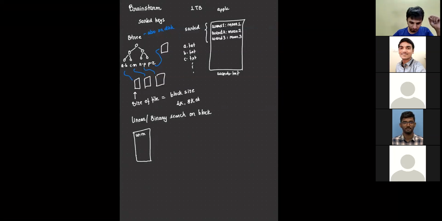Because my disk block size is just 4 KB, and let's say every single meaning for any word is more than 4 MB, then this logic falters. Then I would have to identify all the possible disk blocks where the meaning would be present and then get the data from them. This is limited by our disk block size. So you cannot have word and meaning stored together here. You might have word and a pointer to a meaning.